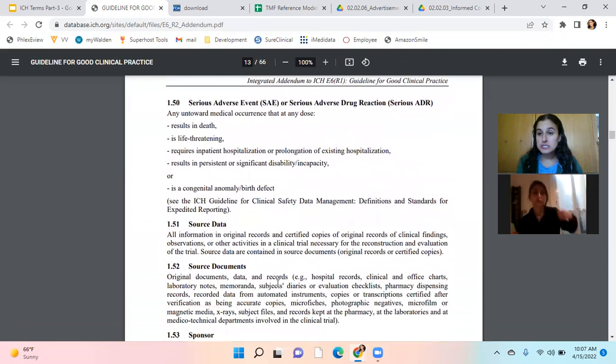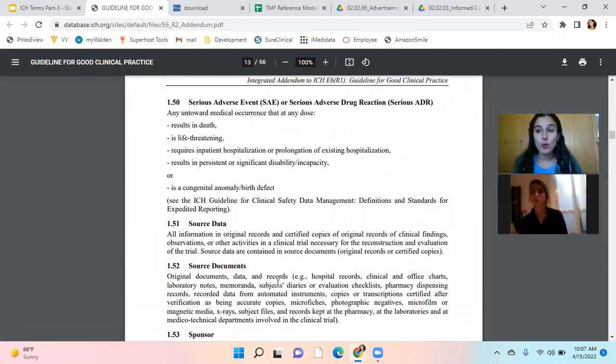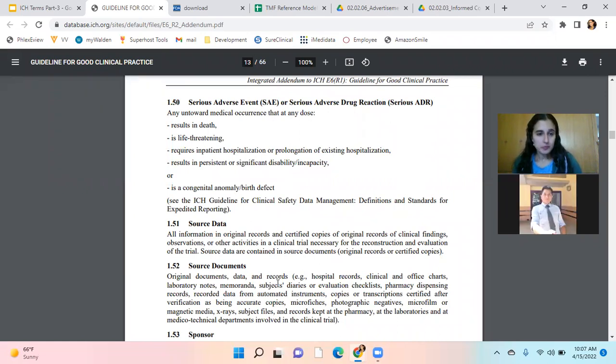Okay, now our first thing that we went into on part 1 of this week's series was we talked about SUSARs and MedWatch forms and the idea behind an SAE. We were just looking at an AE because we started at the beginning of the alphabet. But here we'll just quickly touch on an SAE is serious, and it's any untoward medical occurrence that at any dose, right?